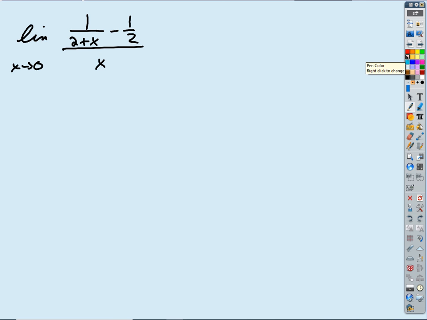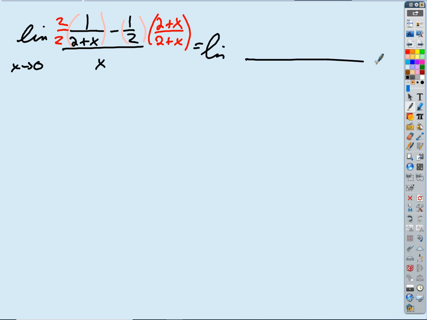So we're going to multiply this guy by 2 over 2. What about the second one? 2 plus x. There you go. Good. So multiply this one by 2 plus x over 2 plus x. And so that's going to give us the limit of something better.